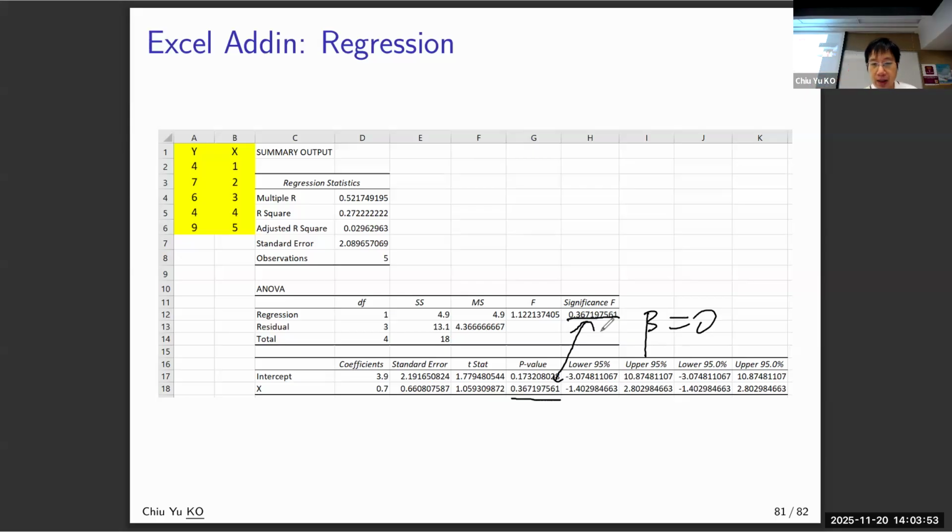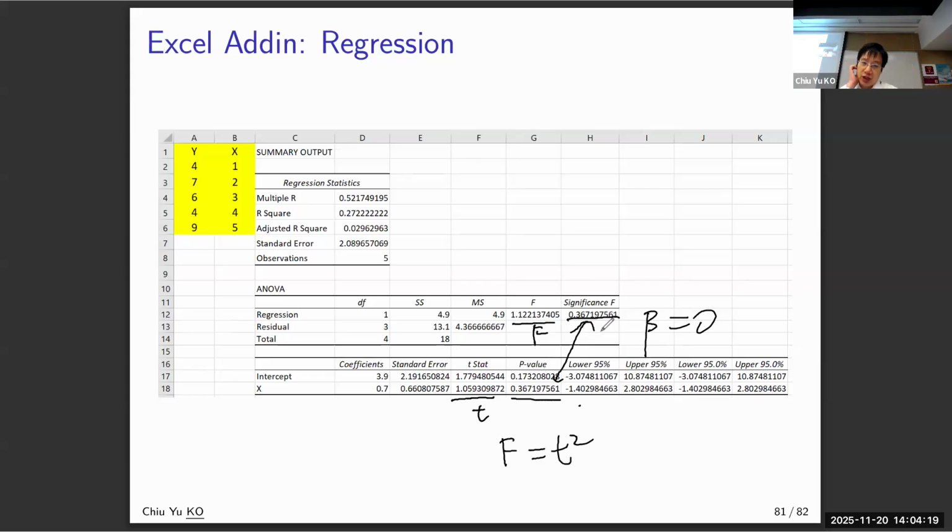And if you are careful, you will see this called t, this called f. You can check that f equals t squared. This is the relation. And I explained that in the technical slide, but this is the result there, okay?